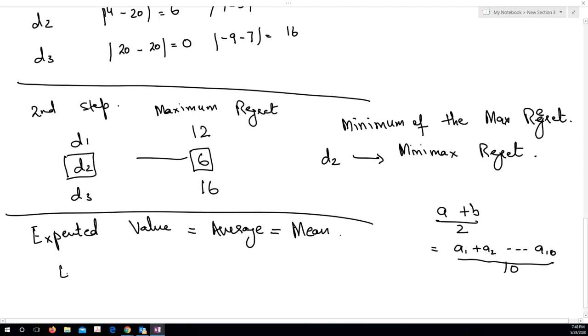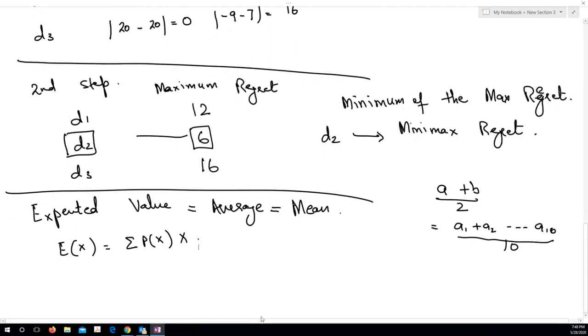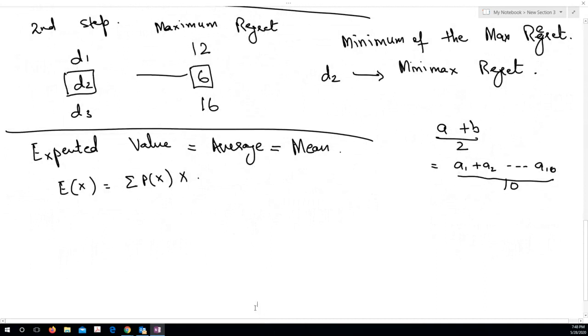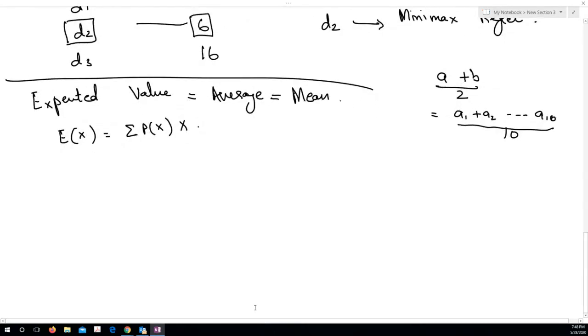We usually call it E of X, the expected value of event X. And we can say that it is the sum of the probabilities of X times X. Just to understand a little bit more, to explain this better, we can take the same example.